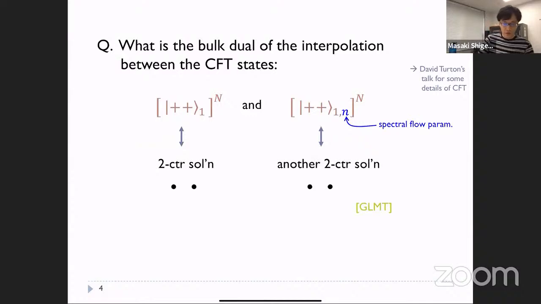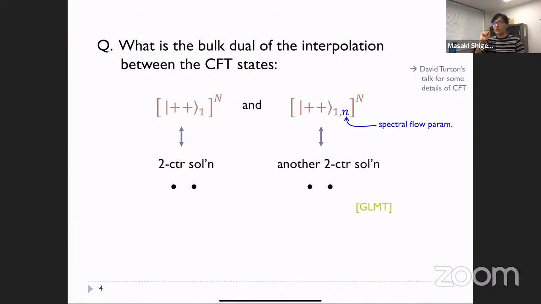In short, the question is, what is the bulk dual of the interpolation between the CFT states, this and this, although I have not explained what these are. I will refer to David's nice talk yesterday for some details of the CFT. But okay, so this is the D1, D5 CFT, which is the orbifold CFT.